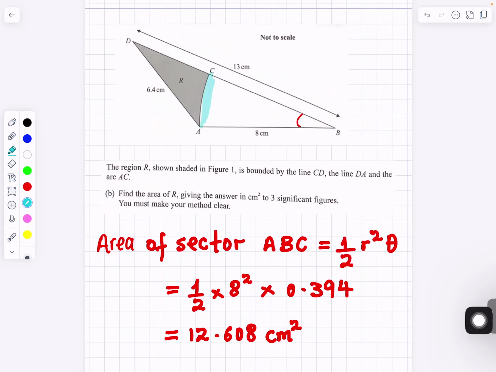I'll put the sector in this teal color there. So this teal color is the sector. So we would find the area of that sector.